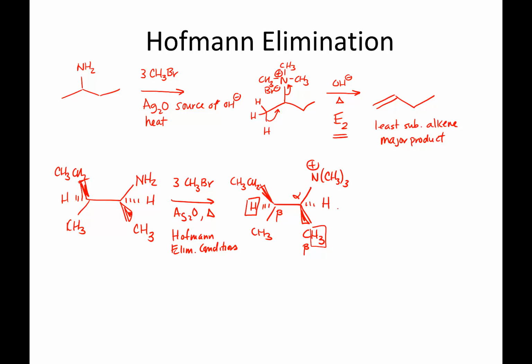So, the question is, which one of those 2 beta carbons has the most number of hydrogens, since this is Hofmann elimination? And the answer is this one, the CH3. So when I treat this with my silver oxide and heat, the major product of this reaction is going to look like this.